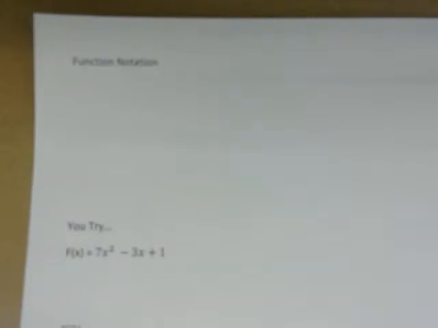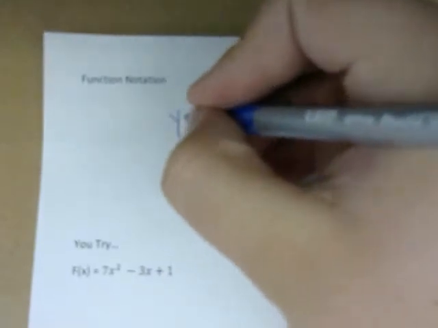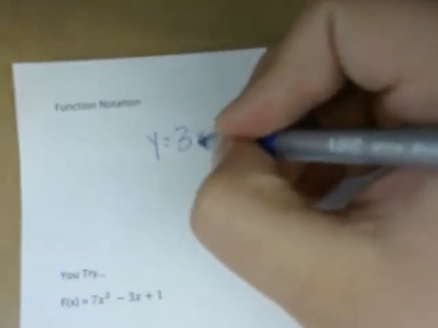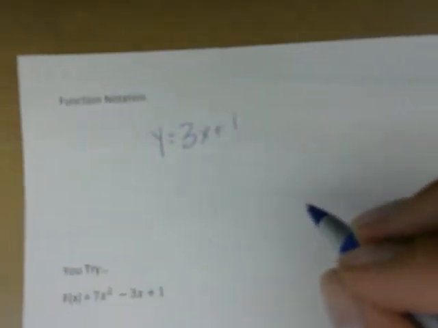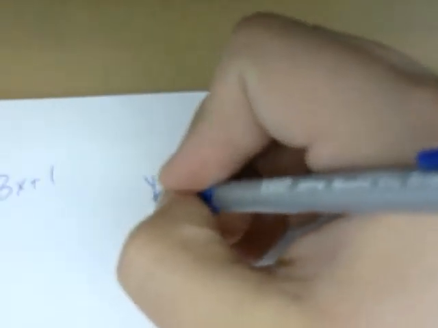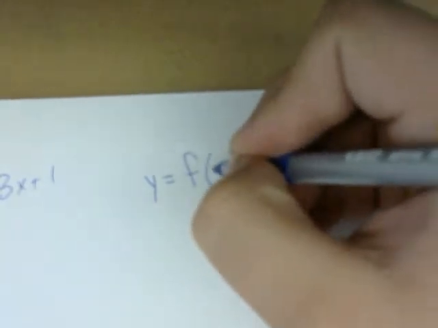Finally, function notation. Most of you are used to seeing something like y equals something, something like 3x plus 1. Well, function notation tells you that y also equals f of x.